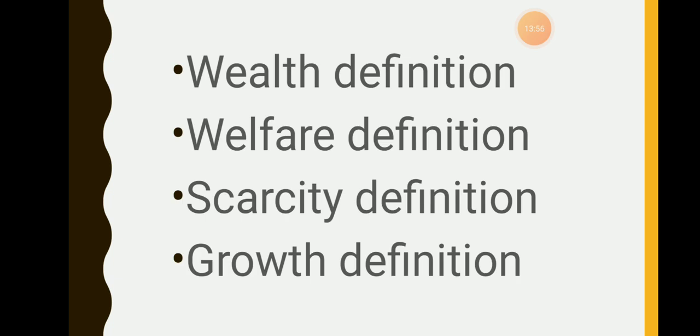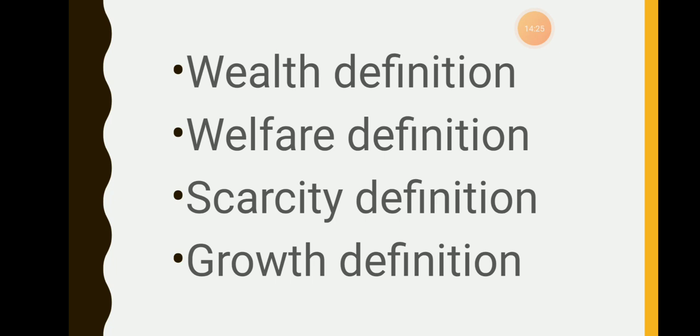Under the wealth definition, what did Adam Smith tell? He told about the science of wealth. He spoke only about money. Later, when the welfare definition came, what was told? Not only money, but also happiness, love and affection are important along with material things. Later, with the scarcity definition, what was told? Even if you have limited money, you can choose between alternative things.